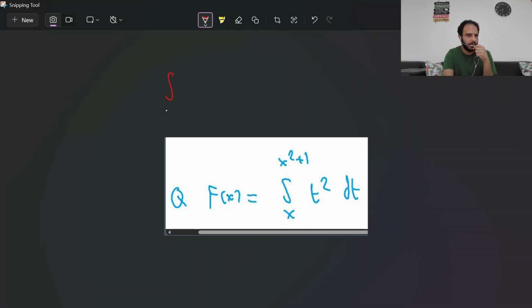If I ask you integral a to b, for example, you have this function. You are integrating from a to b. What's the meaning of integration? You are finding area, right? Yes. But if you have point c here between a and b, is the area the same from a to c plus c to b?